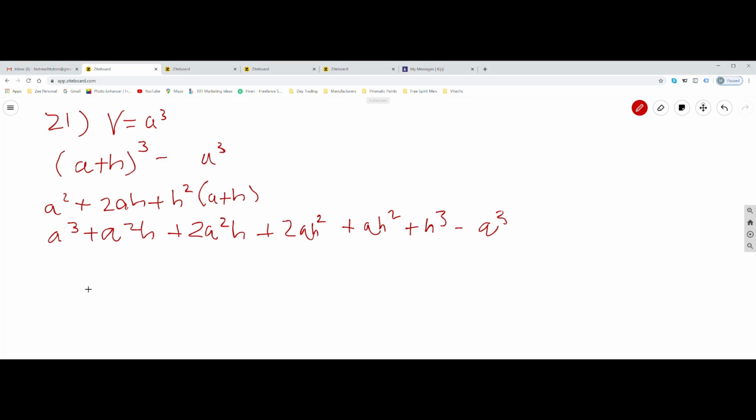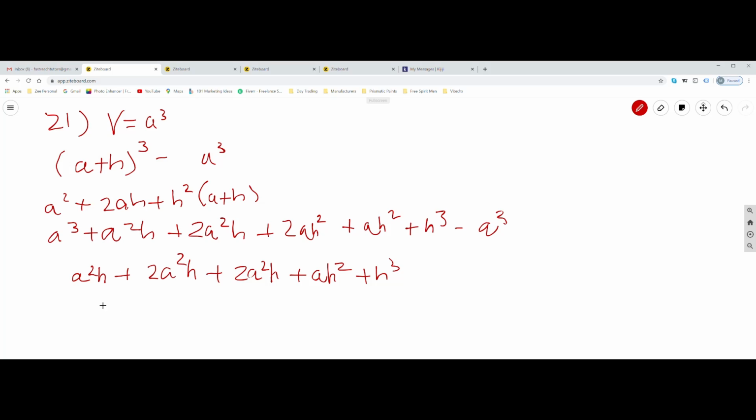You're left with a squared h plus 2a squared h plus 2ah squared plus ah squared plus h cubed.